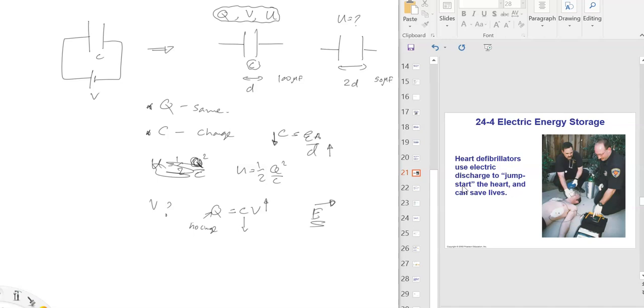But if it is out of rhythm, then you can use this electric shock. And the automated ones you see around, they have a little microchip, a little computer inside. It first detects the heartbeat to see whether the person needs this defibrillation shock, and only then the machine functions.